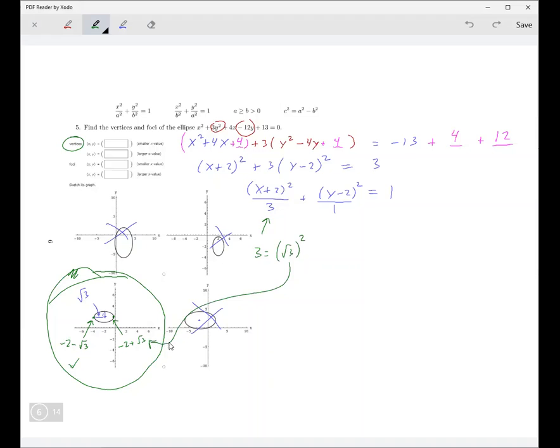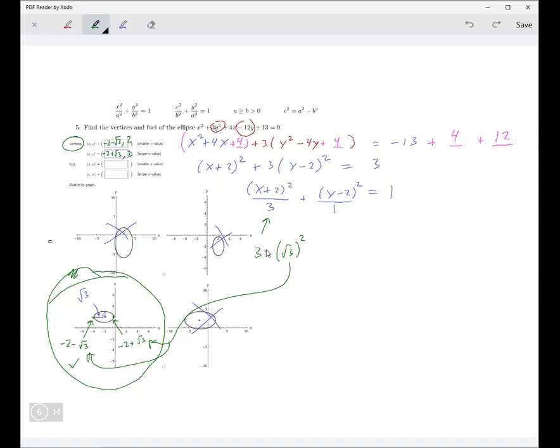Okay, and so that's what you're adding there and there. So -2 minus the square root of 3, comma, oh wait, the y coordinate is 2. And then -2 plus the square root of 3, comma 2. Those are going to be the vertices.